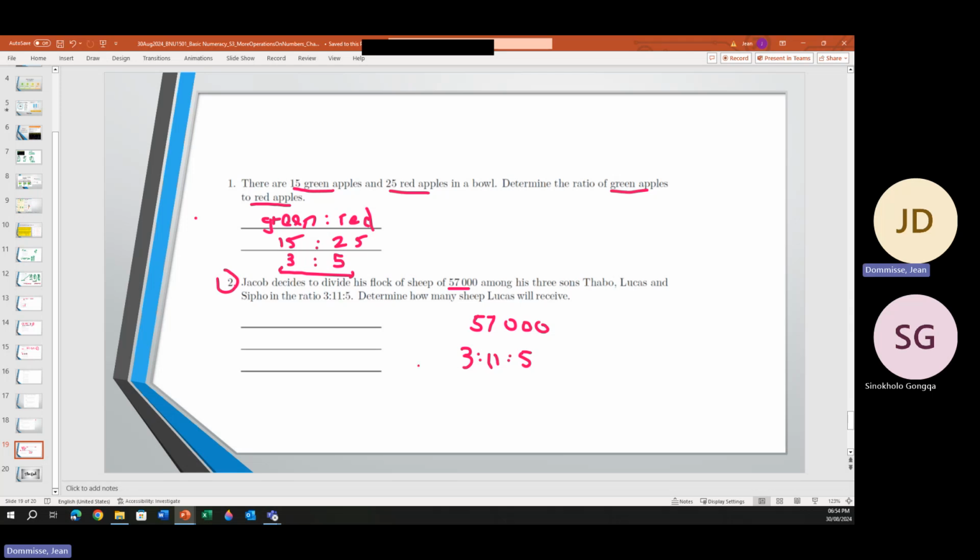So the first thing I look at is, okay, in how many pieces must we divide this? We've got the 3 sons, but how many pieces are there? So there is 3 plus 11 is 14 plus 5. So in total there's 19 pieces that we will need to divide the 57,000 into. Tabu gets 3 out of the 19.